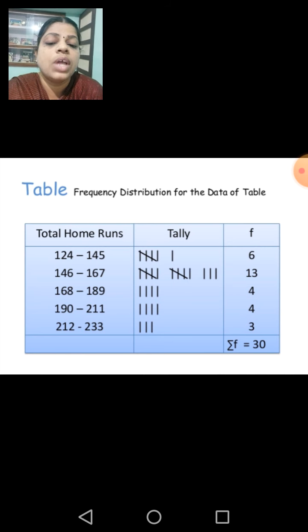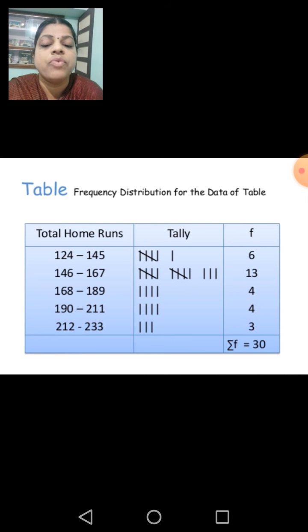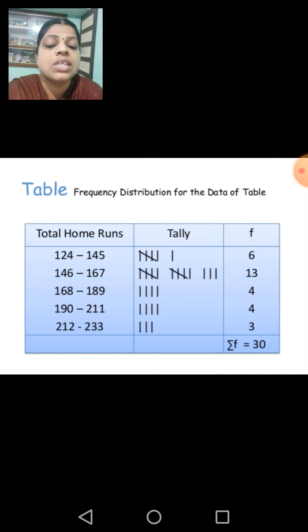Yes, I told you that after 4 we have to slash with the number 1, and then we have to start again. 1, 2, 3, 4, then the slanting one across all together, and next we have to start the 1. In this manner we have to find tally marks as well as frequency for all of the classes, and at last we have the sigma f.